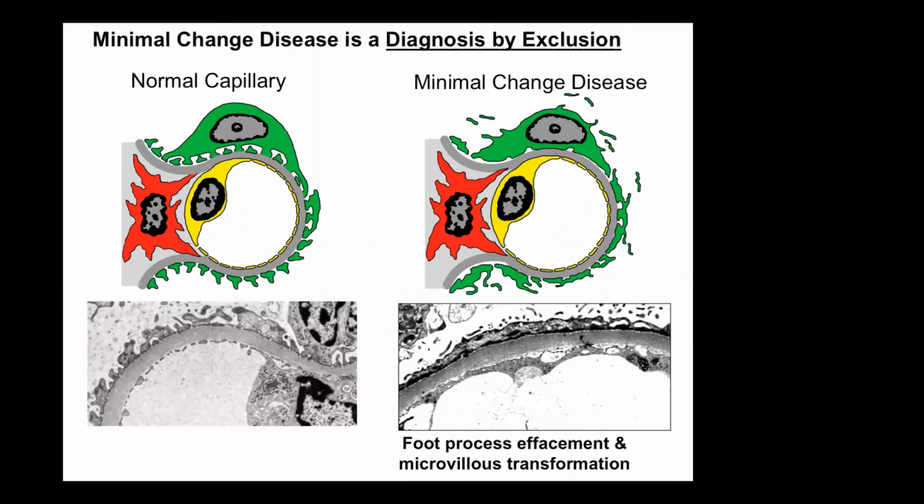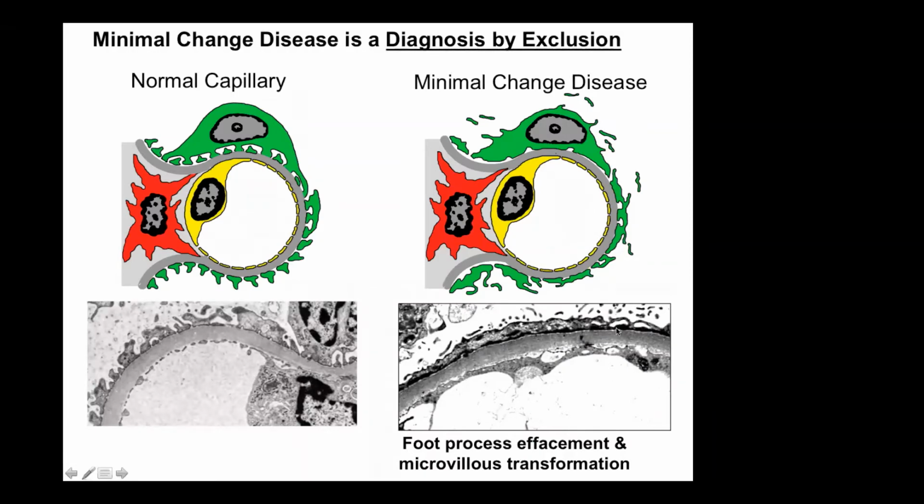We need global and diffuse effacement. If we have one or two glomeruli scanned on electron microscopy, we need at least more than 50% of the loops like this. Why do I tell you this? Because sometimes we have focal effacement, sometimes partial effacement, and this is significant. Why? What is the difference between global effacement and focal effacement?